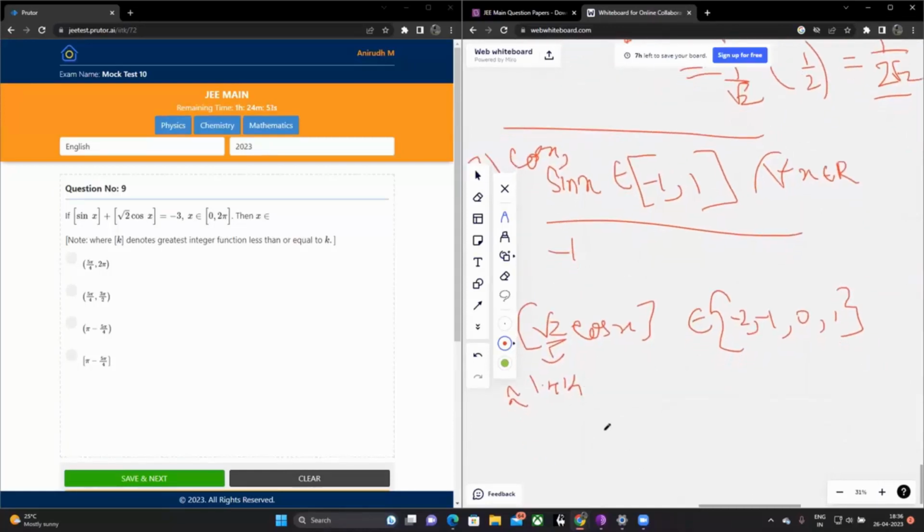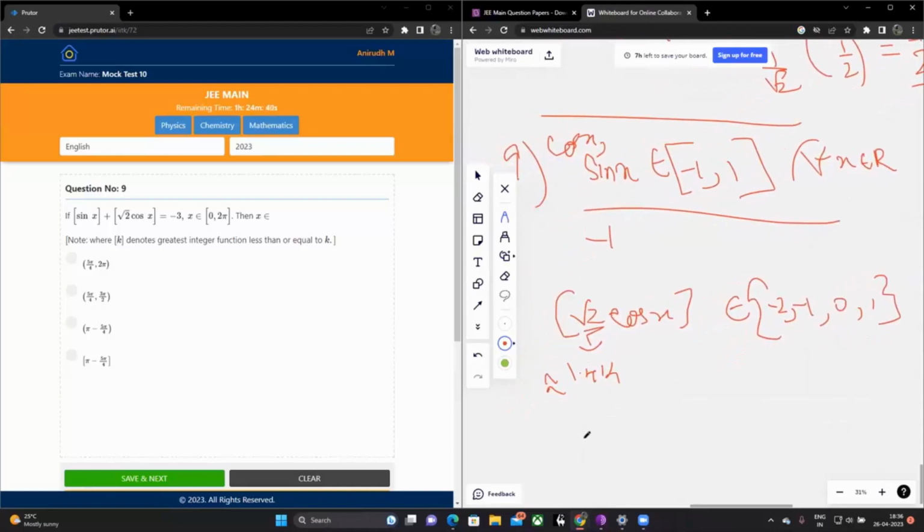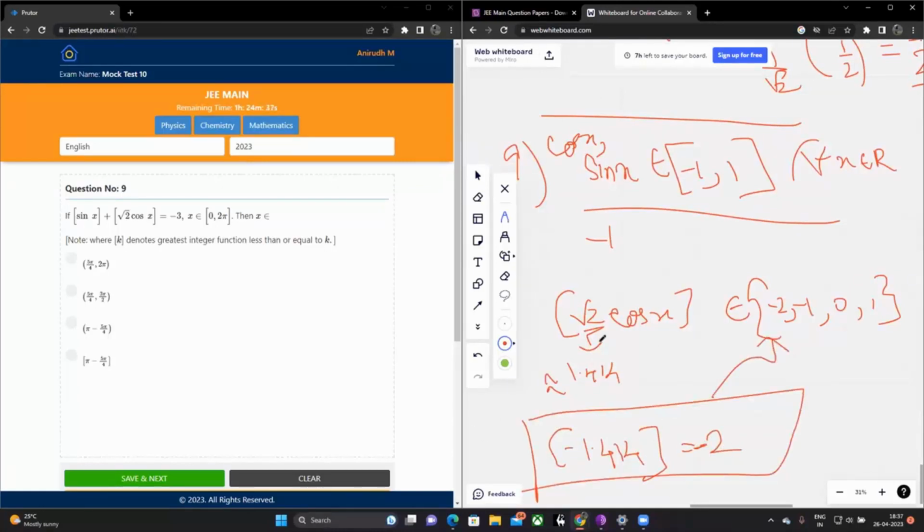And if you take the greatest integer of -1.414, you get -2, right? So basically, the least value that this can take is -2.